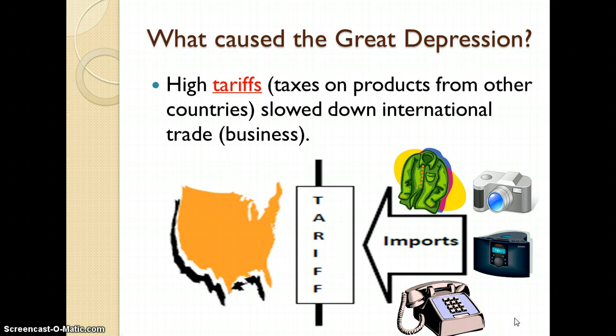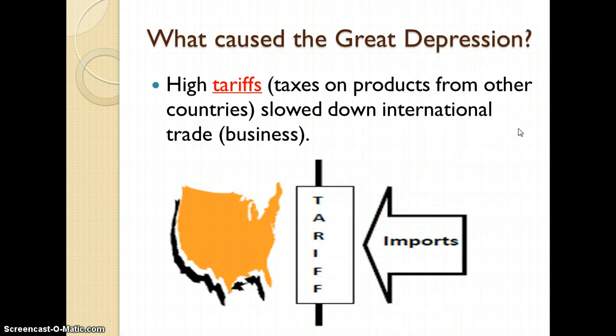It doesn't matter what it is, but basically these products are coming from other countries, from the outside into the U.S. So the U.S. puts these tariffs up, and suddenly no one wants to buy products from other countries. The problem is other countries started putting high tariffs on things that American businesses were trying to sell overseas. So this slowed down international trade, which means business done around the world.